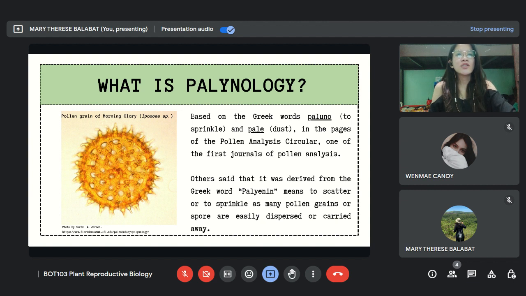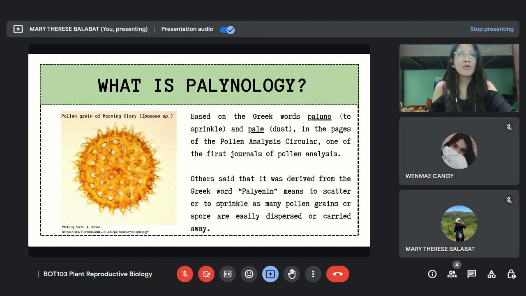Let's go to the terminologies of palynology. First is pollen. This term was introduced by the Swedish botanist Linnaeus in 1760, and it is derived from the Latin word pollinis, meaning fine flour, due to its granular nature.